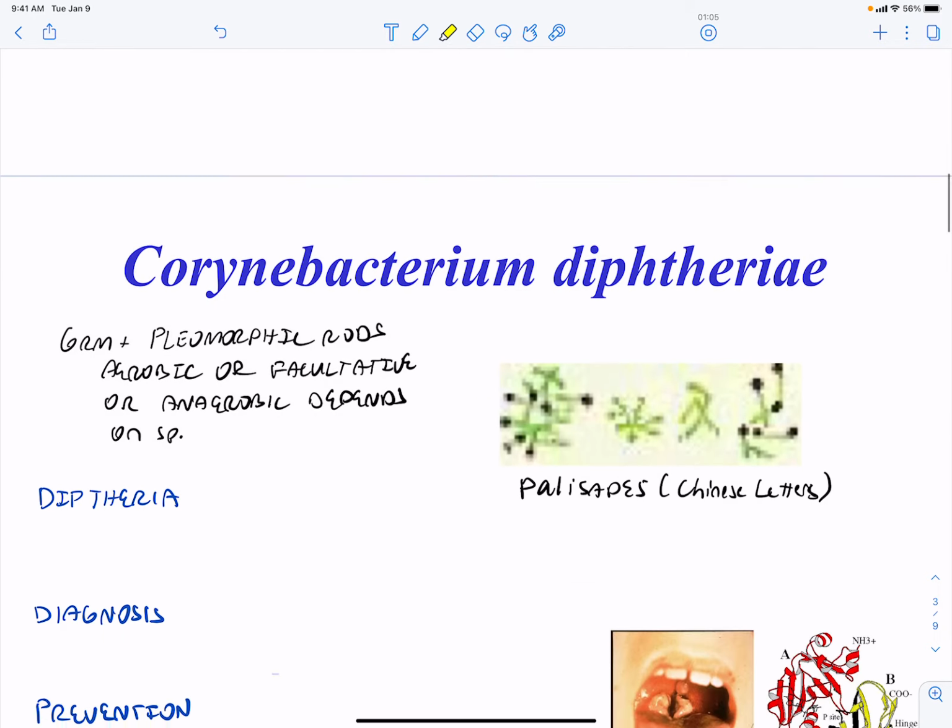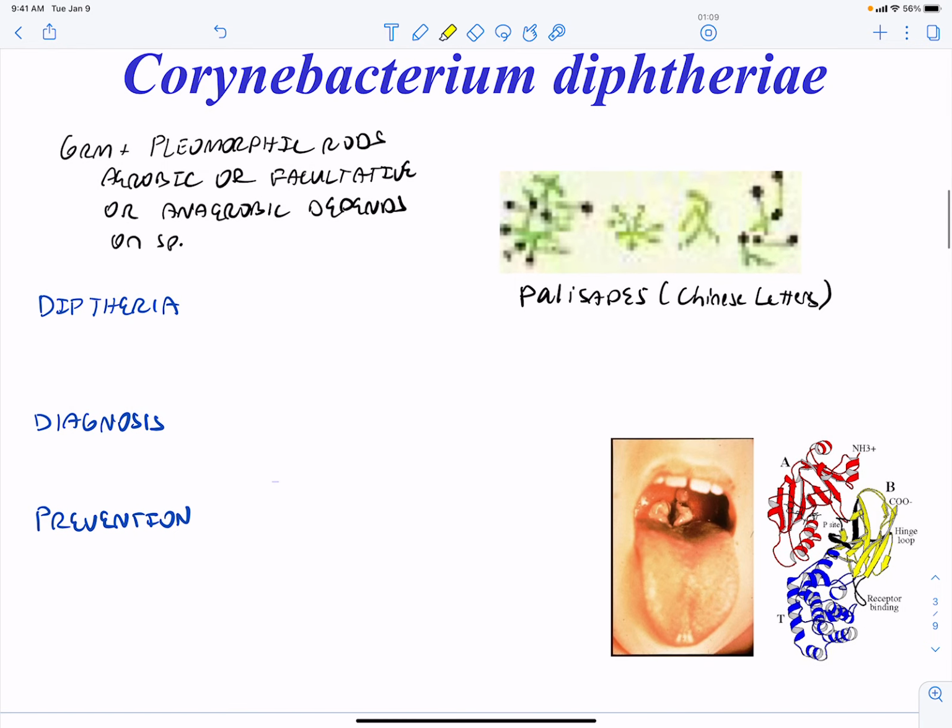Now, first up is Corynebacterium diphtheriae. Diphtheria comes from a gram-positive, what we call a pleomorphic rod, and this can form what is referred to as palisades or Chinese letter-looking growths. Depending on the species of the Corynebacterium diphtheriae, it can either be aerobic, anaerobic, or facultative.